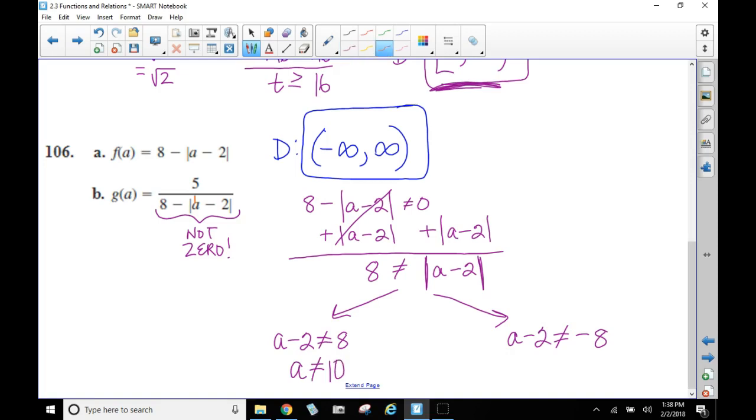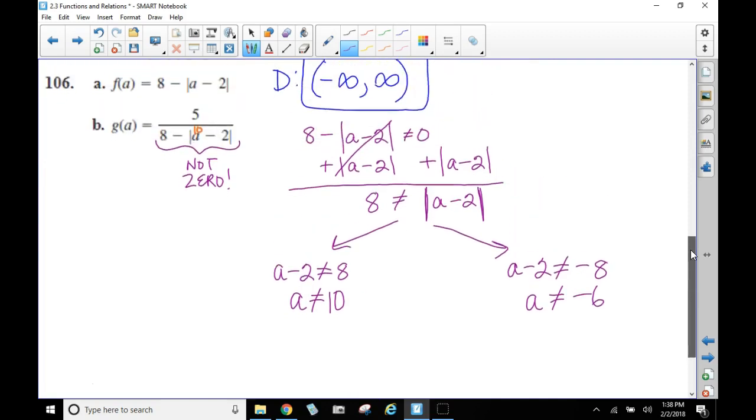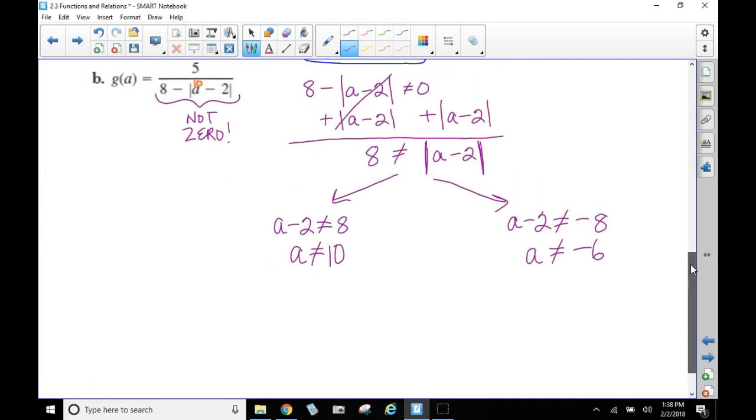If a is equal to 10 here, we're going to have 5 over, all that will come out to be 0. And 5 over 0 is not a real number. Okay, back over here on this other one, again, add 2 to both sides. Okay, when we add 2 to the negative 8, we get negative 6. So our domain, the values that can't be in our domain are 10 and negative 6.